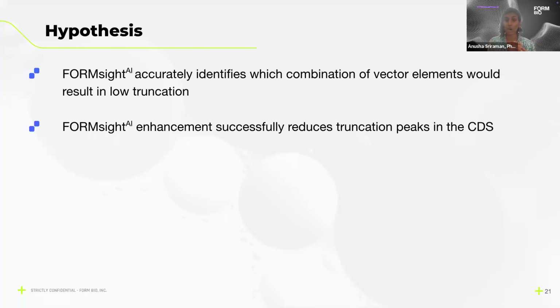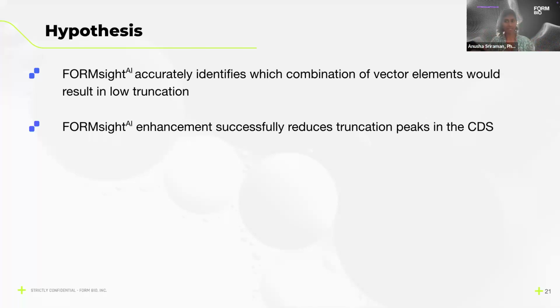The second thing was to optimize the coding sequence, in this case human growth hormone, to reduce the proportion of truncated genomes, and to test this optimized coding sequence in Resilience's proprietary suspension AAV platform.